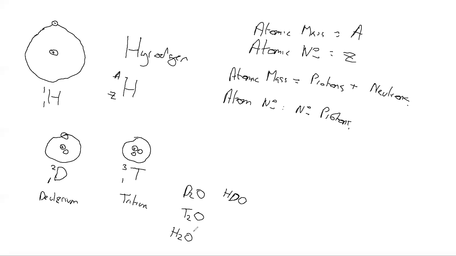In fact, the only real difference is, so isotopes have the same number of protons, obviously, the number of electrons, and the chemical properties are going to be the same.